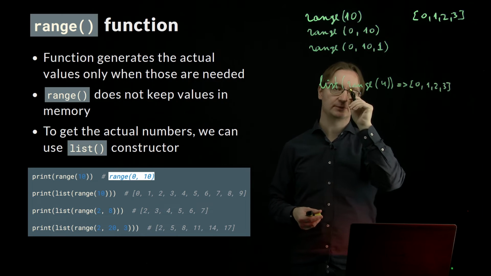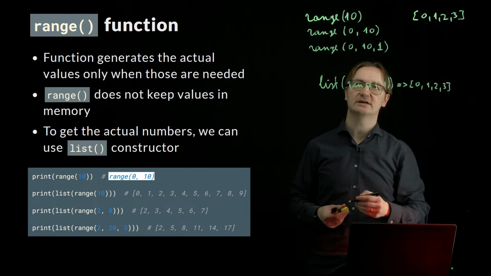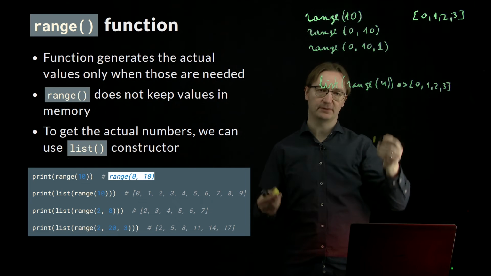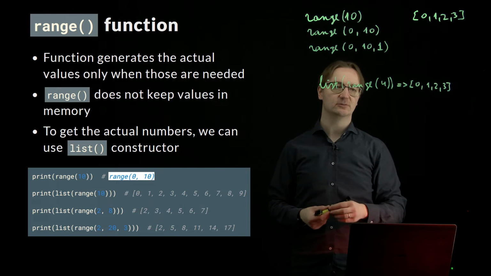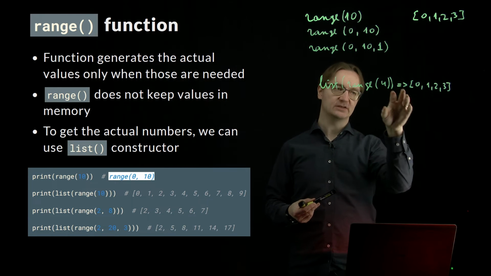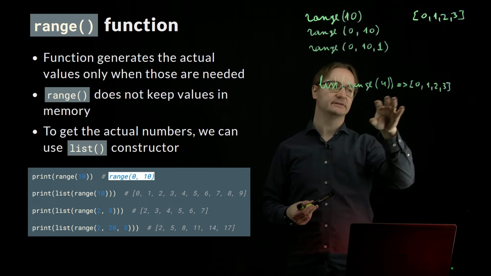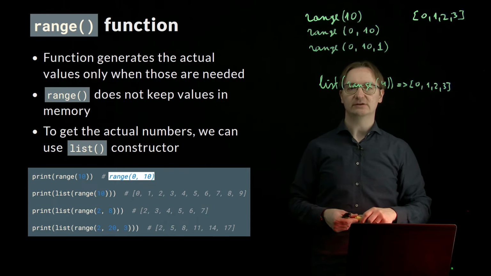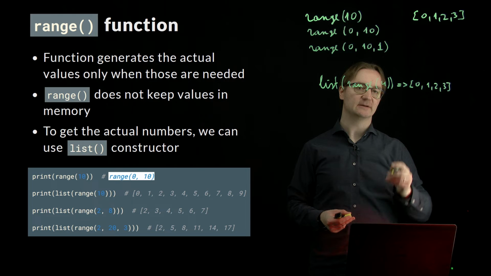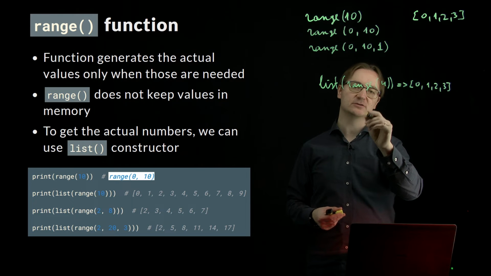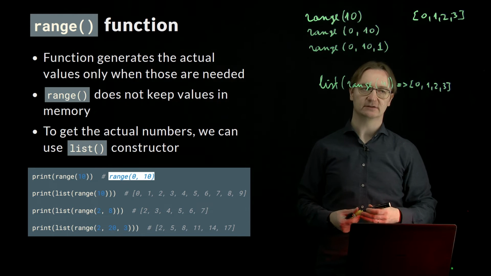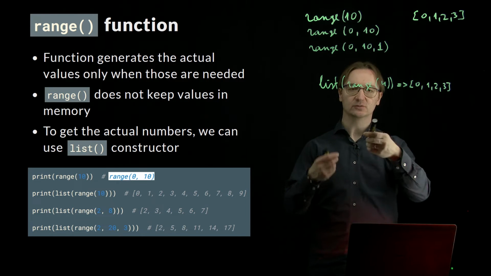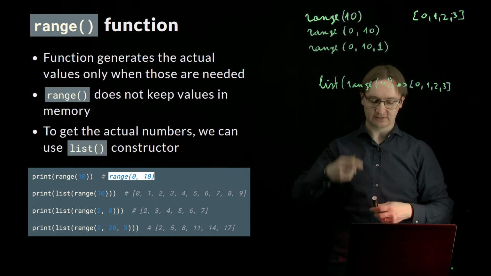And as was pointed out, the element for the end or the stop value is not included. So we start from 0, we take numbers, and we end before the stop value. And you have to see that the range gives us only integer values. We cannot use range to get floating point numbers.